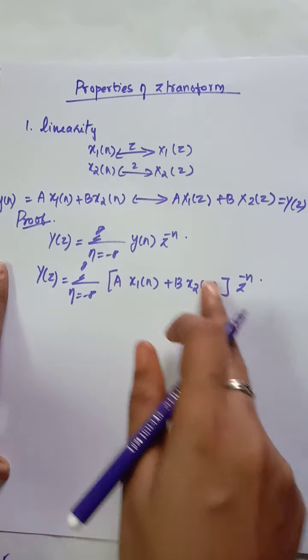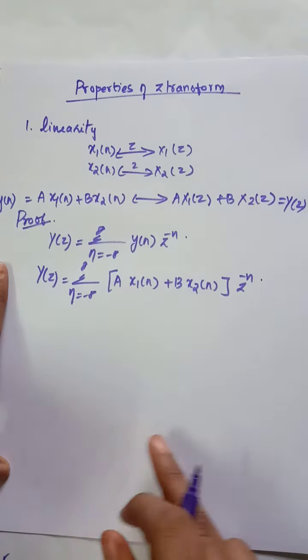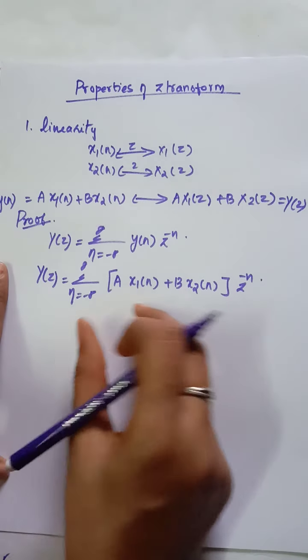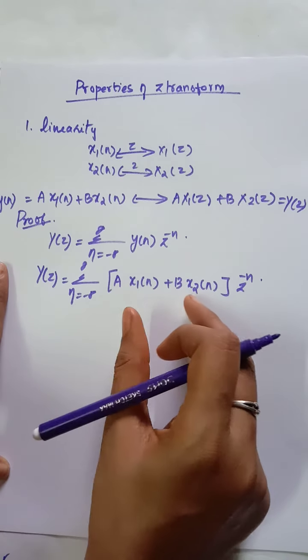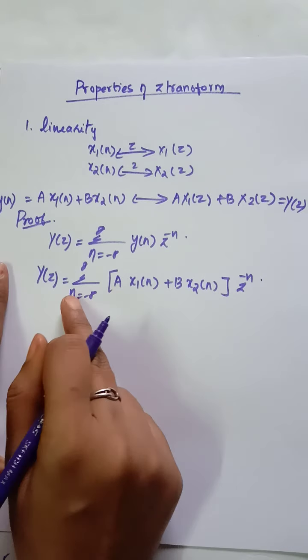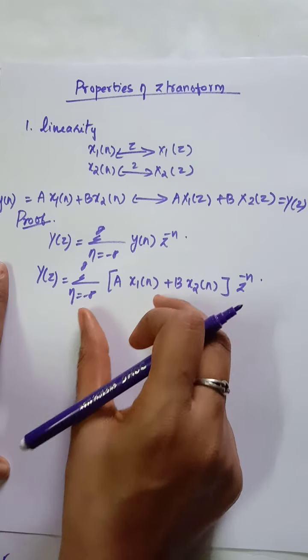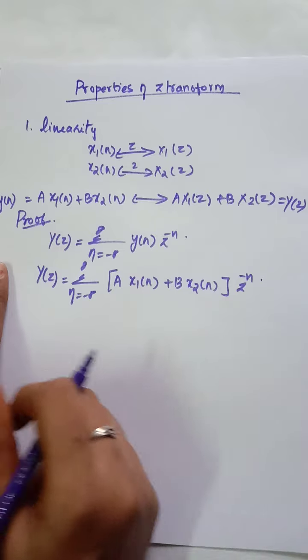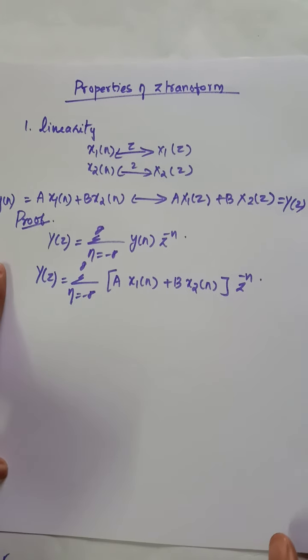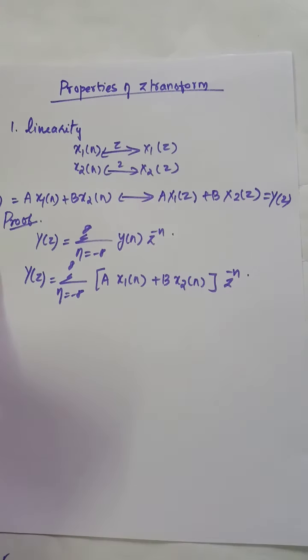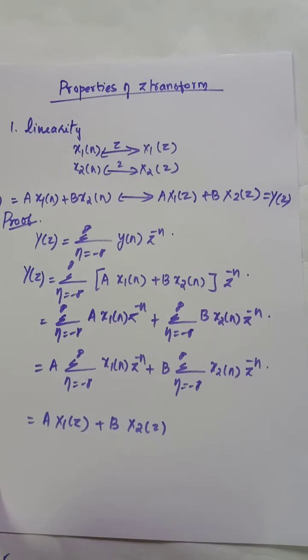Then substituting the value of y of n, we need to expand, multiply the summation, and separate these two terms, which is equivalent to a x1 of z plus b x2 of z.